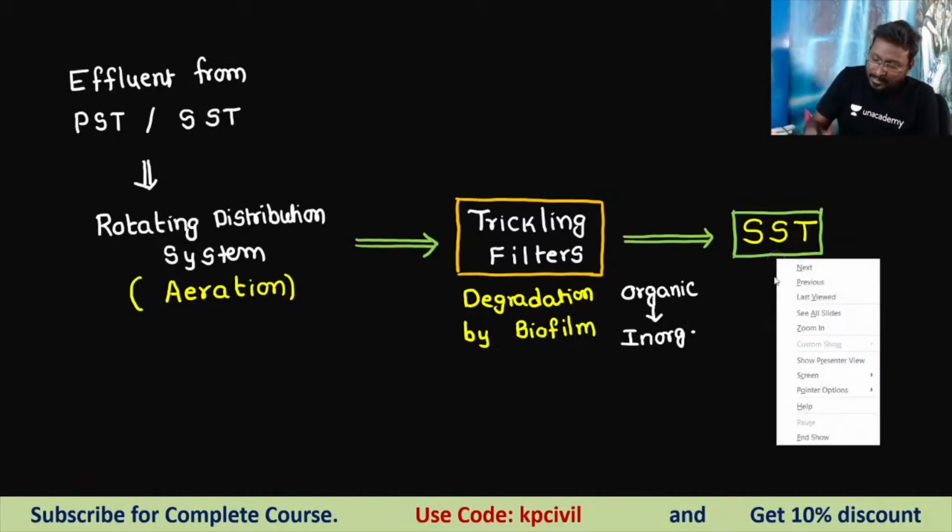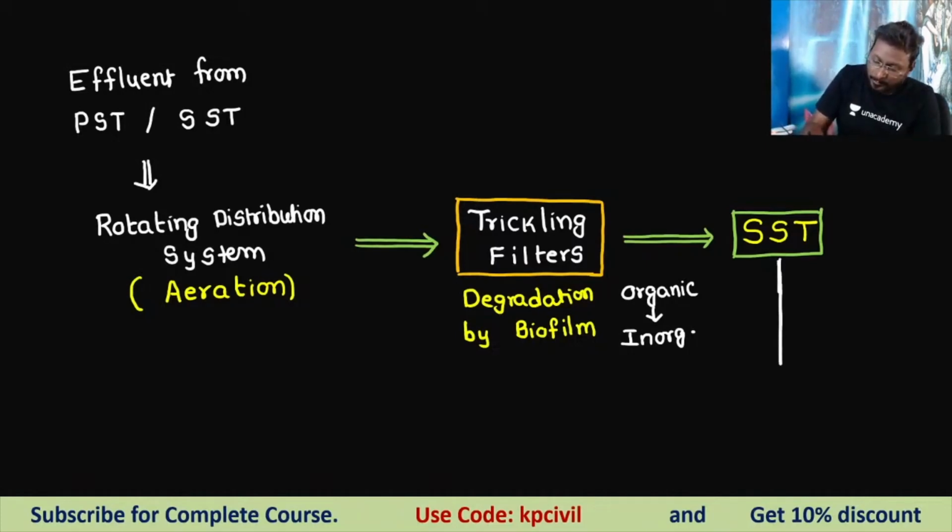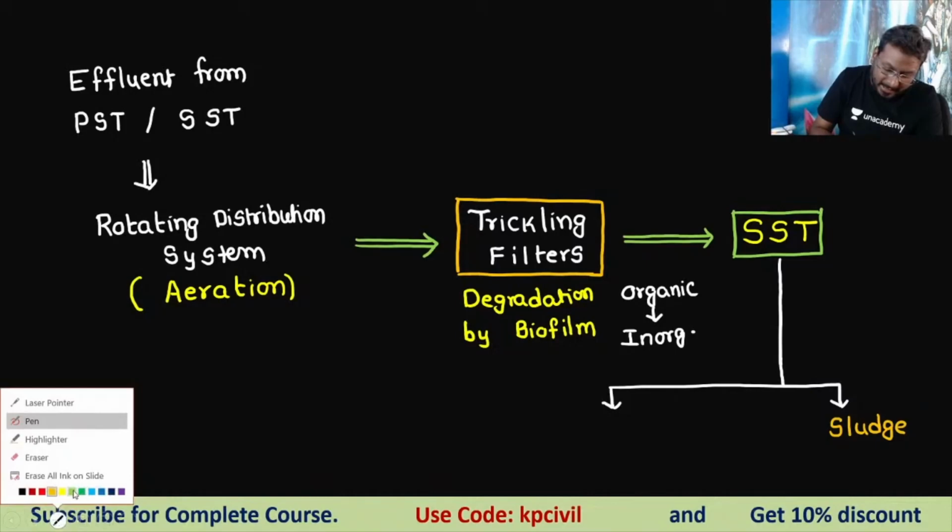So what is the result of secondary sedimentation? As a result of secondary sedimentation, we have two components. What are the two components? Settled sludge carrying nitrates and sulfates.